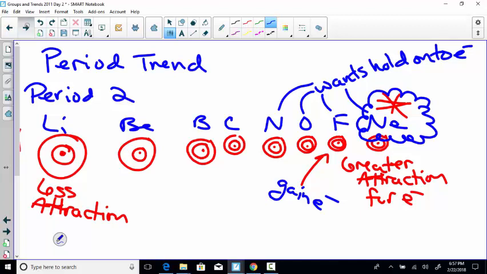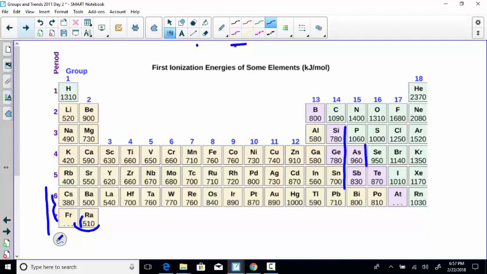Okay? So even if you look at this periodic table then, we start down here with lithium at 520, but then look, we go 900, drop a little, 800, but 1,000, 14, 13, 16, 2,000.